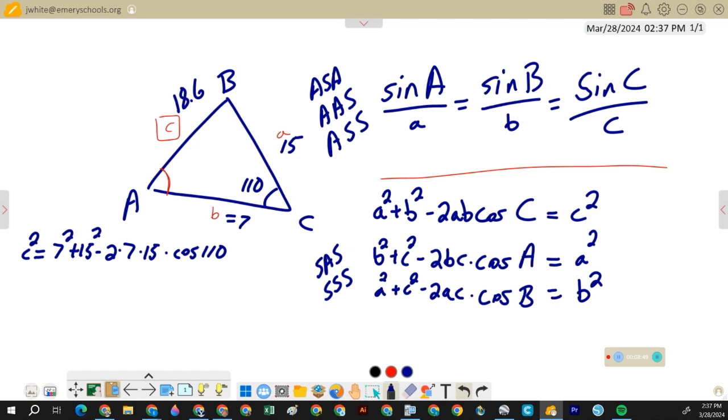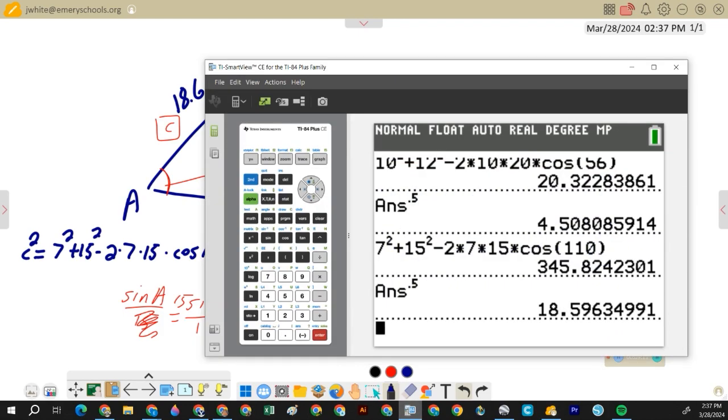Now, we could say the sine of A over 15 is equal to the sine of 110 over 18.6, and then we would just multiply this by 15. So 15 sine of 110 over 18.6.